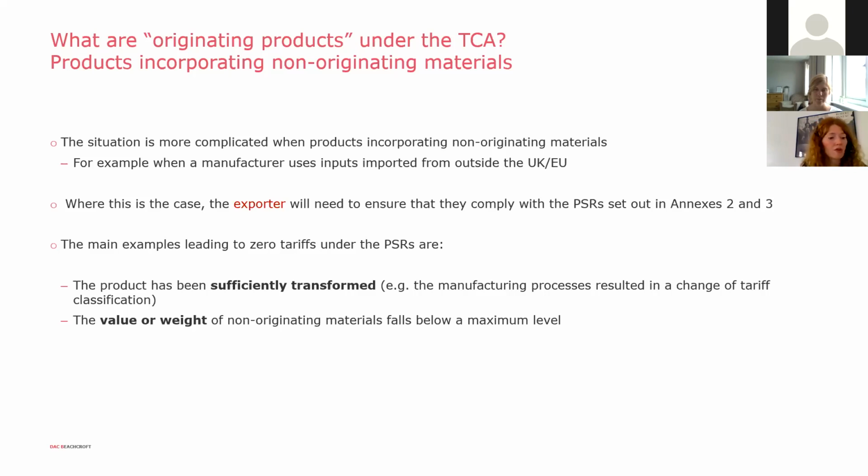We do have cumulation between the parties, but we do not have cumulation with other countries with which the parties have a free trade agreement. That can sometimes happen in free trade agreements. For example, in my case, with the engine from Japan, you might think, okay, if there is a zero tariff under the free trade agreement between the UK and Japan, that might then help with the rules under the TCA, but it doesn't. It remains a third country, third party material, and therefore we cannot add it under the cumulation.